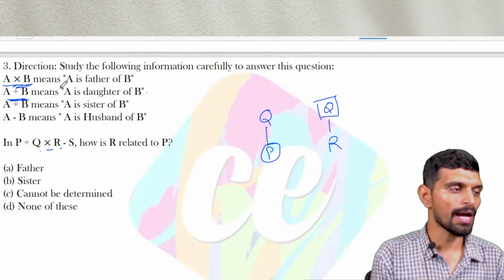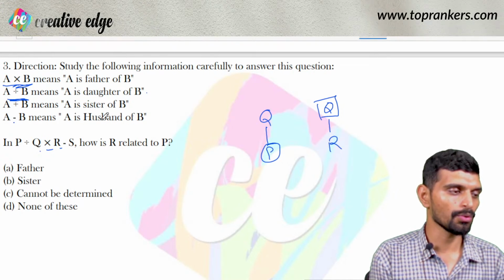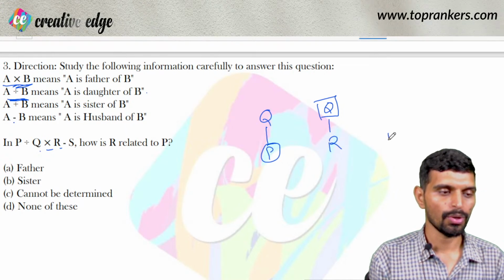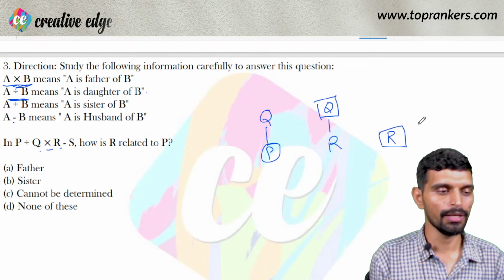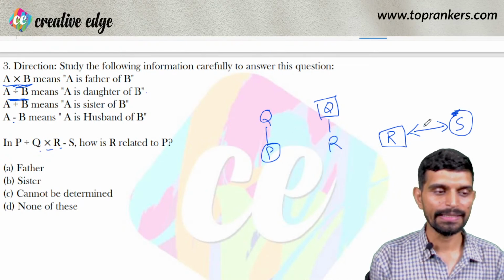Then next is R minus S, which represents the person before the minus sign is husband of the person after the minus sign. So R is husband to S, so S must be a female. Now let's combine these three.